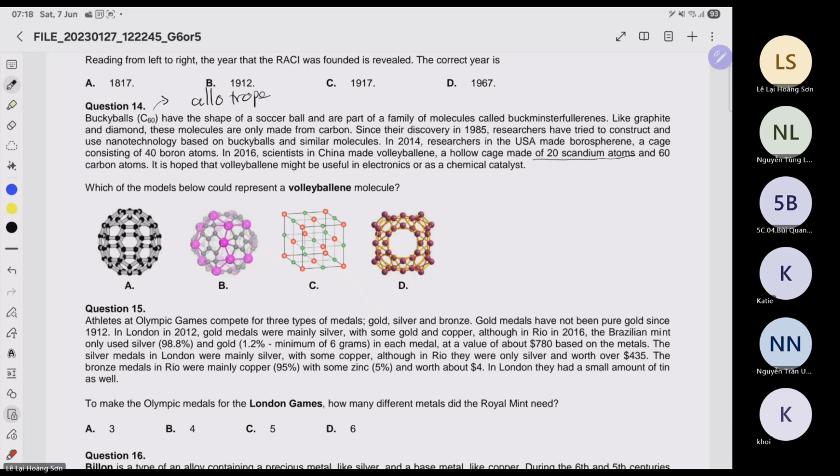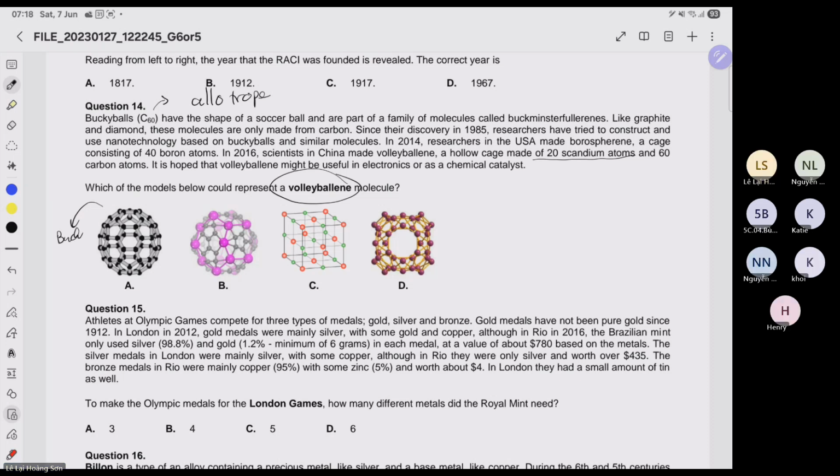Okay. So they ask which one will represent it. All right. The first one, if you take a look at the book already, this is buckyball. The first one is buckyball. We have 60 atoms of the same kind, right? Because you see, they have the same color.